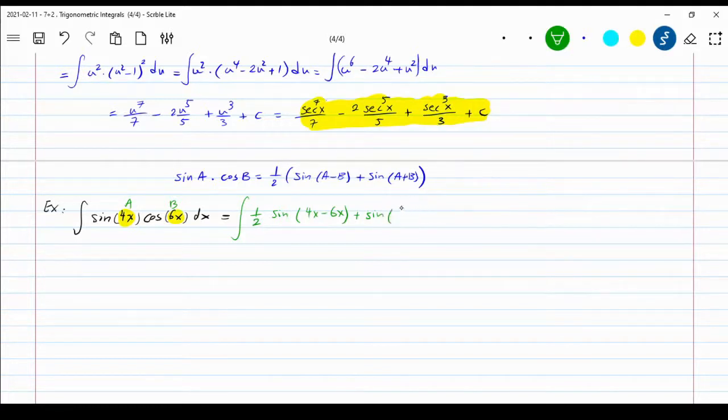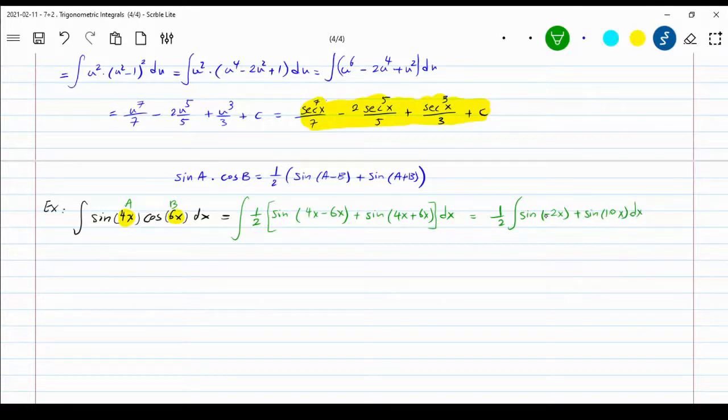Let me write this. And dx. And this 1/2 is multiplied by the whole thing, so I can write it outside, integral of sine negative 2x plus sine 10x.